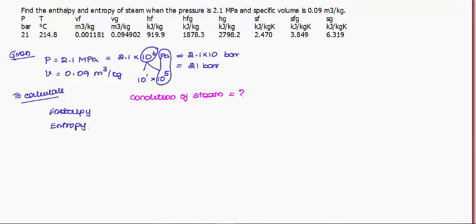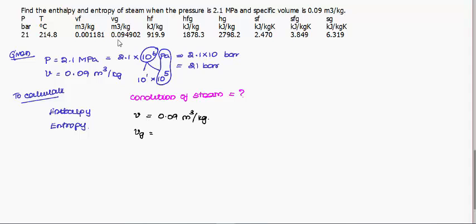Since the specific volume is given, let us see how we are going to solve from it. V equal to 0.09 meter cube per kilogram. Now at 21 bar, what is the value of Vg, the dry saturation condition?